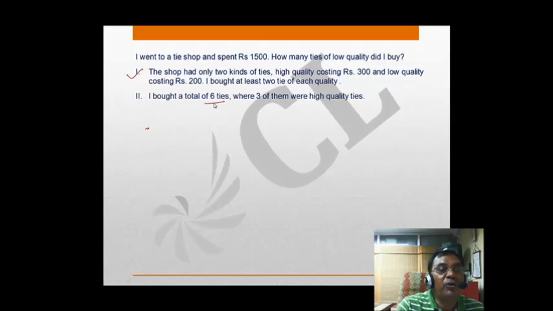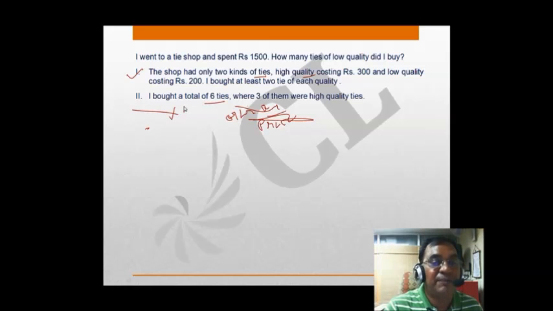We are not given whether this is medium quality or other, because there are only 2 kinds of ties. Other quality is not given, and the price is also not given. So nothing can be taken out from this. So only A is the answer.